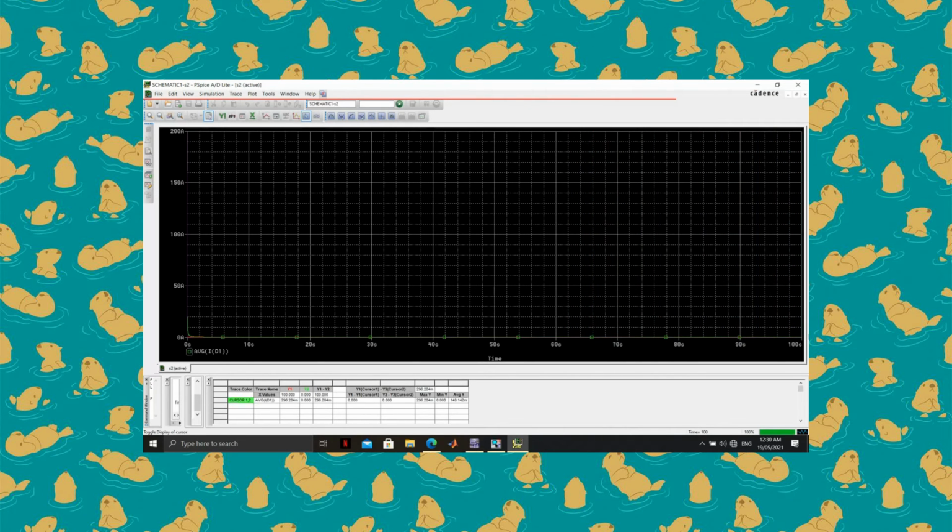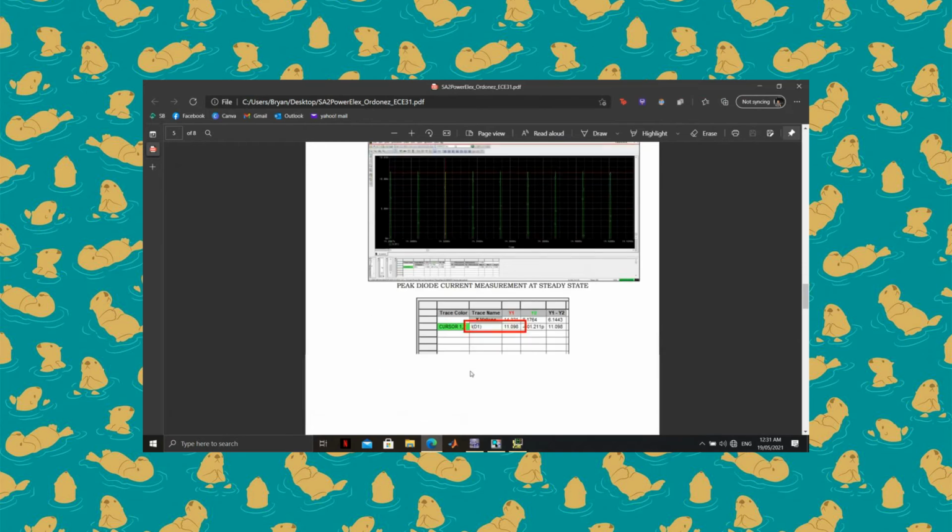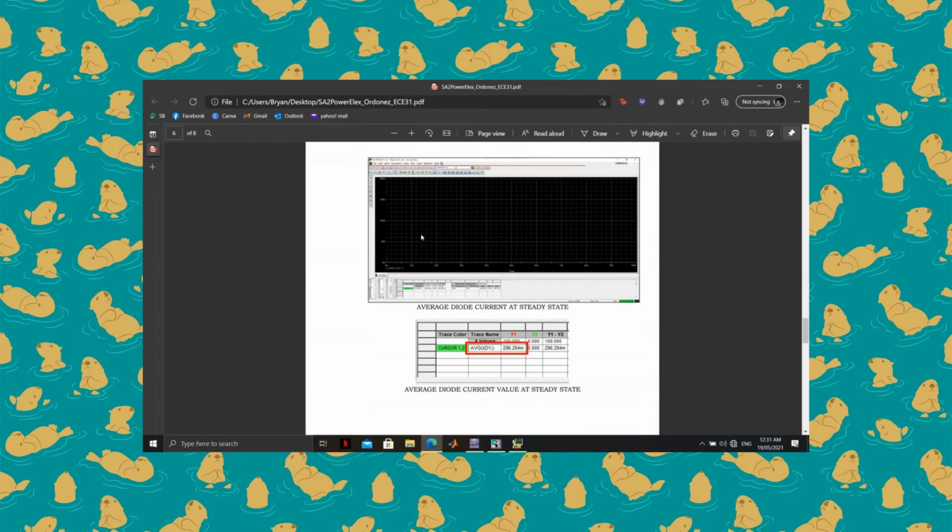At the end of the 100-second point, it is 296.284 milliamperes. Since this is our steady state value for the diode current, we would use it as our experimental value for the diode average current. The values recorded can be seen here.